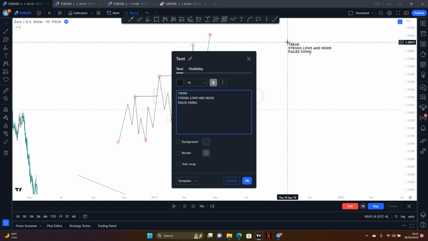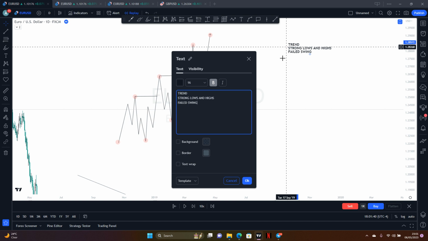Any other thing? Premium and discount, we know about that. Everyone here knows about premium and discount. Is there anything else that I should add to it? I don't really think there is. I think this is basically it. In fact, the purpose of this class is just about the strong lows and strong highs, and then the failed swings. Those are the important factors you need to note when you are taking your trade.